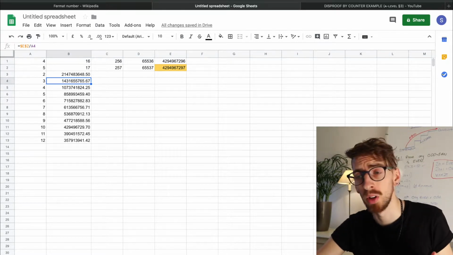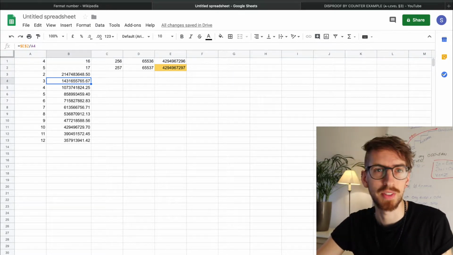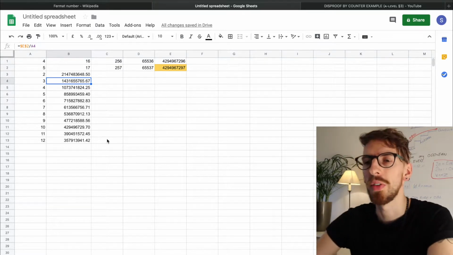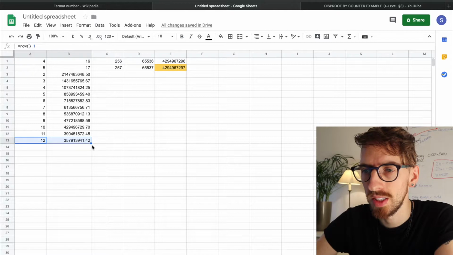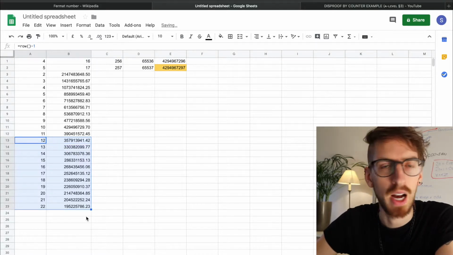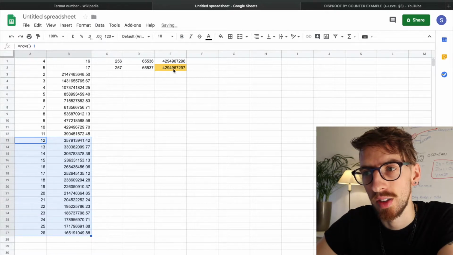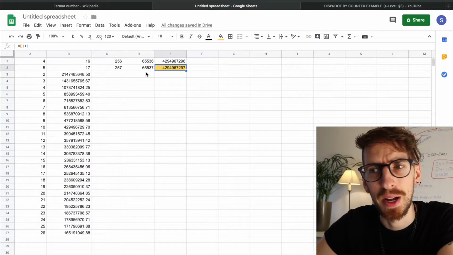So if it's a decimal, then it's not divisible by that. Obviously, we know what a prime is. If I was to drag this down, we could inspect each and every time. But that's going to be quite difficult because there's a lot of numbers that we're going to have to divide by.